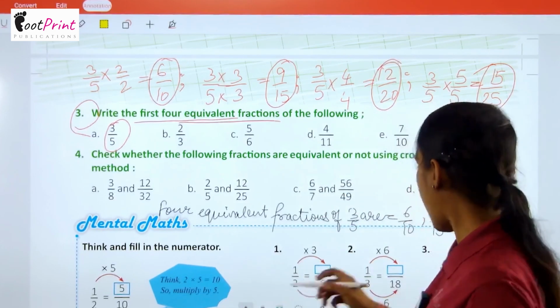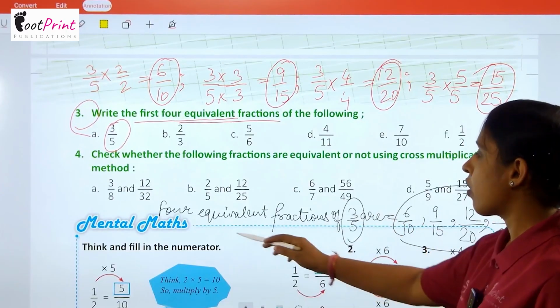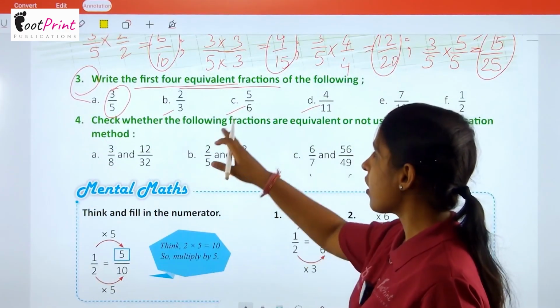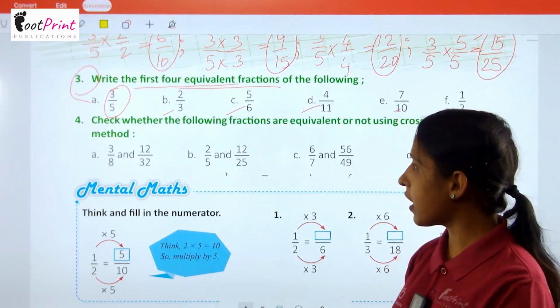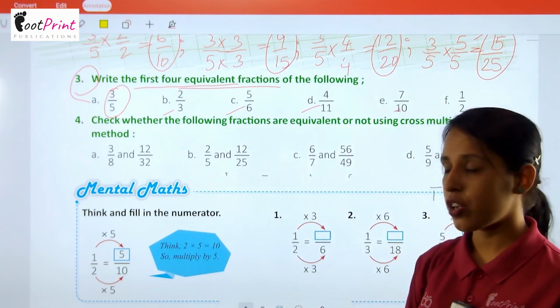So these are 4 equivalent fractions of 3 by 5. Just like that we write. Okay, so here some fractions are given, and you have to find 4 equivalent fractions of each fraction. So you will solve these fractions by yourself.